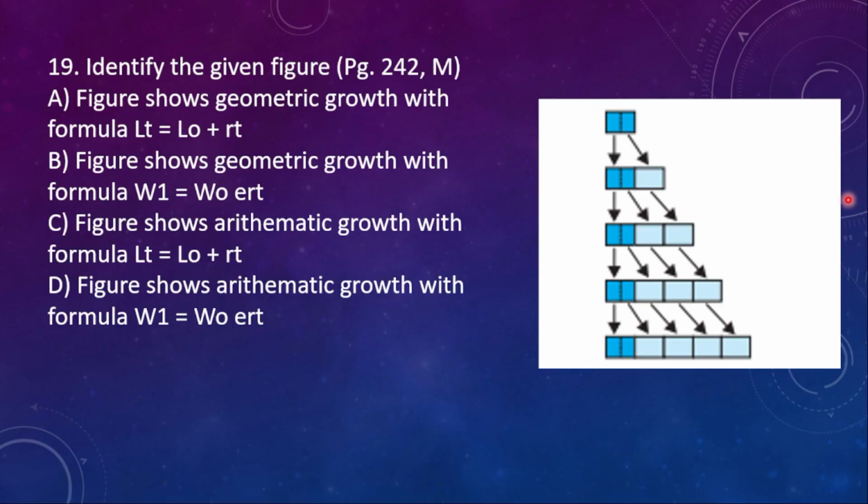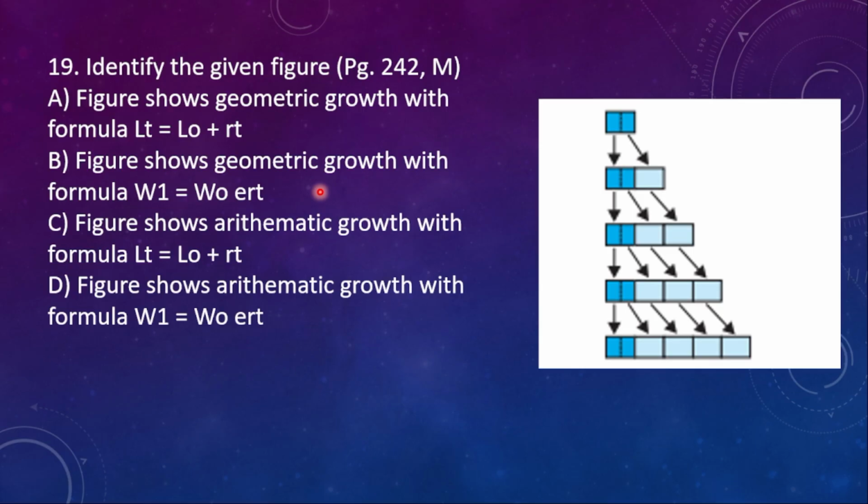So this is one of the examples I am giving here. Identify the given figure. 19th question, identify the given figure. A, figure shows geometric growth with formula Lt equals L0 plus rt, plus addition is there, means it is not. See here what happens, always the addition is going on, not the multiplication. Two cells are there and one more cell is added. Two cells are there already and again two cells are added, isn't it?